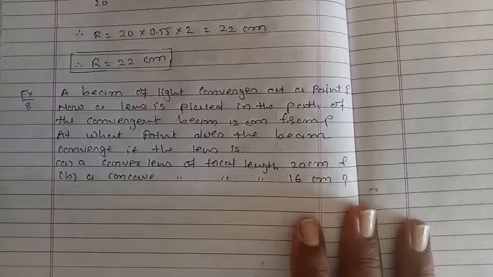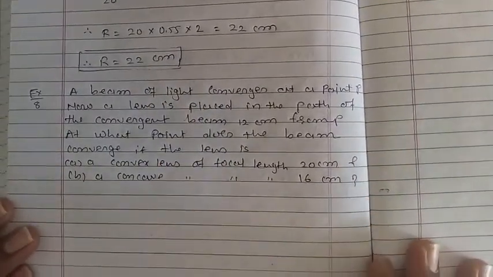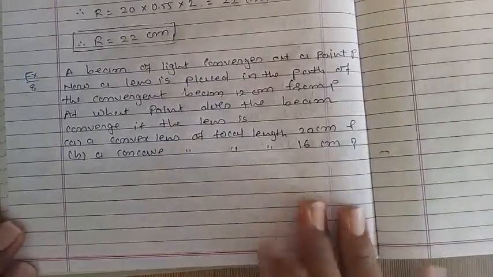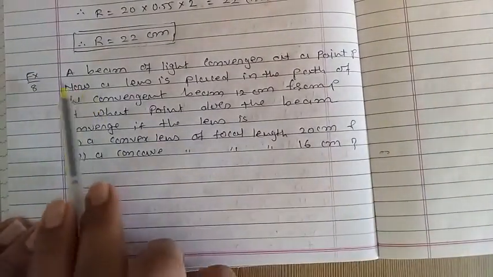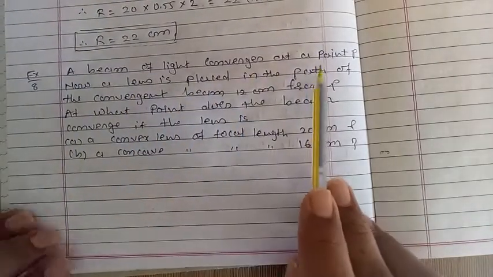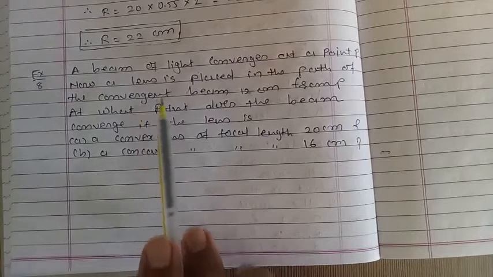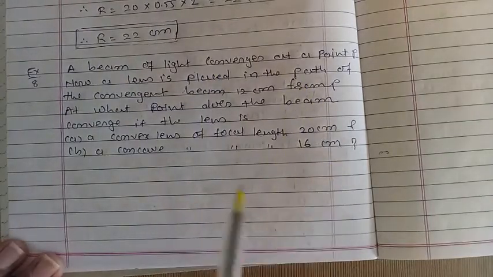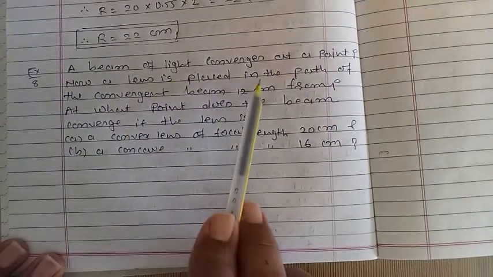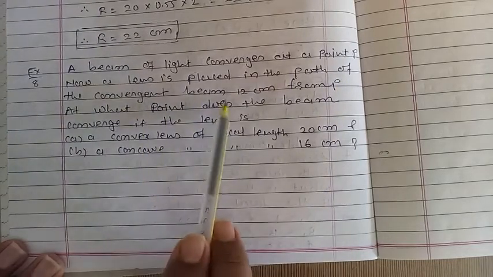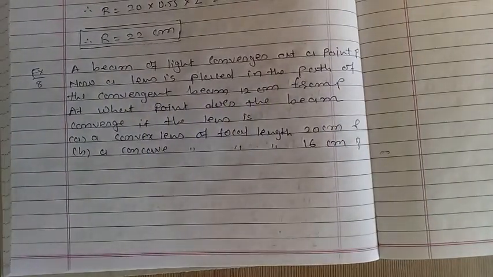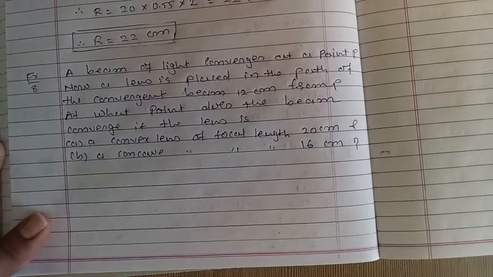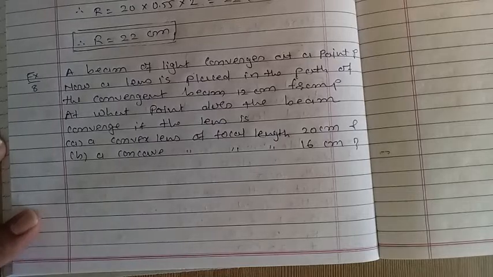Okay. Now our next example, example number 8. A beam of light converges at a point P. See the sentence: a beam of light converges at a point P. Now a lens is placed in the path of the convergent beam, 12 centimeter from P. See here the direction is the same.